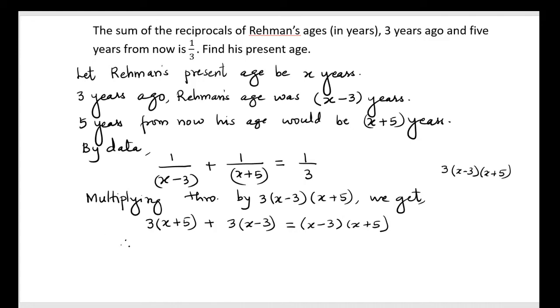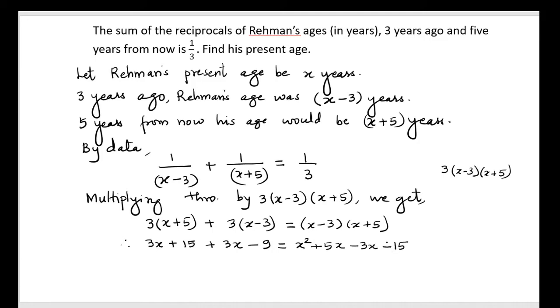Therefore, our next step will be 3 into x is 3x, 3 5s is plus 15, 3 into x is once again 3x, 3 into minus 3 being minus 9 equal to x multiplied by x will be x square, x multiplied by this 5 will make it plus 5x, minus 3 into x will be minus 3x, and minus 3 into plus 5 will be minus 15.